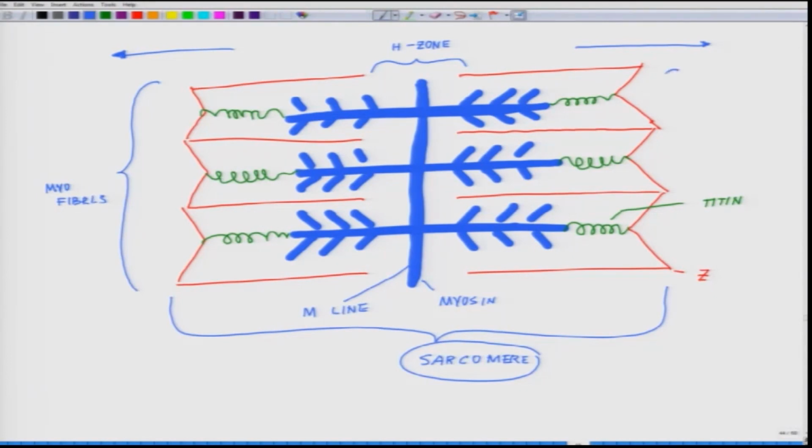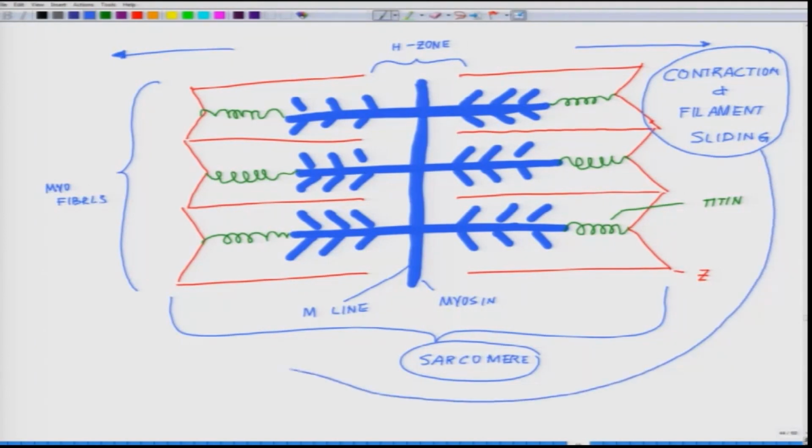There are two terms I am introducing now: contraction and filament sliding, which is also known as the sliding filament theory.